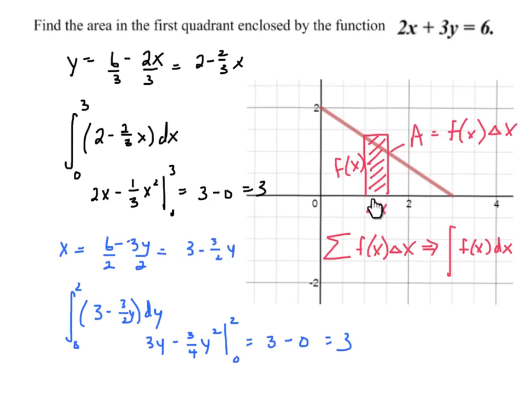So our goal was to make delta x approach 0, and when that happened, the number of rectangles we were using approached infinity. And again, then this transition occurred where we integrated the height dx. And I want you to keep that in mind because we're going to use that as we begin to find volumes.